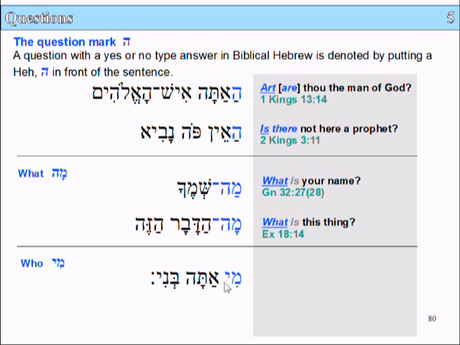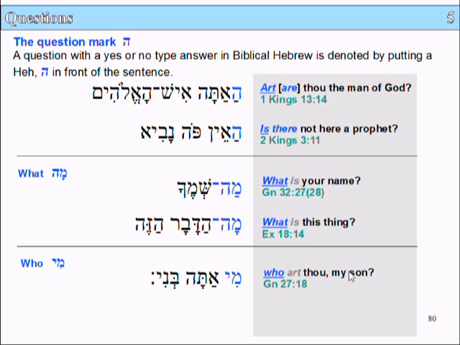So in this example, mi ata bani. Who are you, my son? Ben is son, bani is my son. Mi ata bani. Who are you, my son? Who art thou, my son?